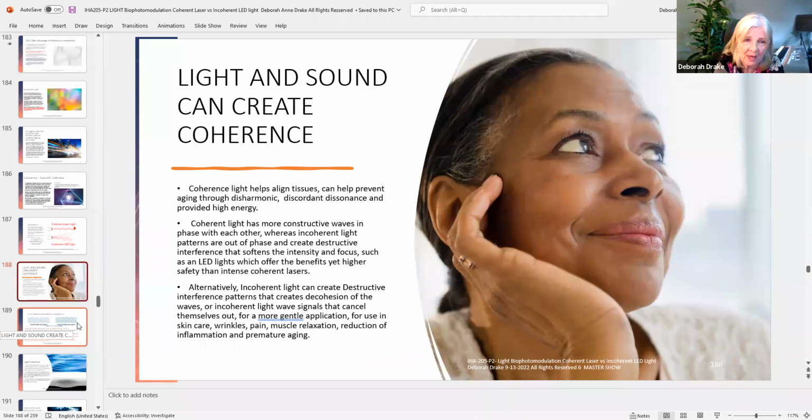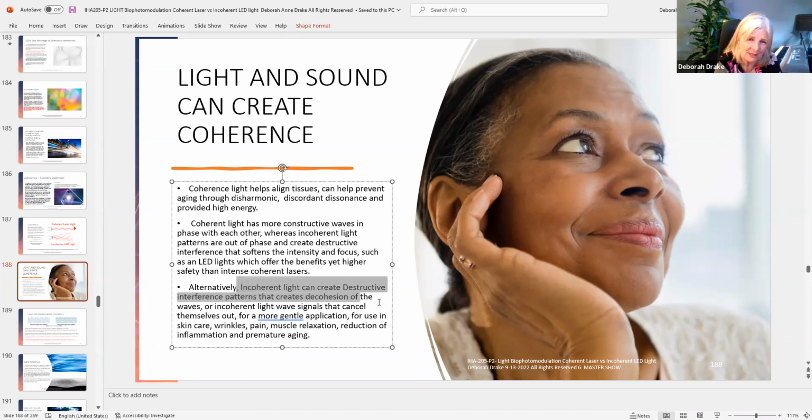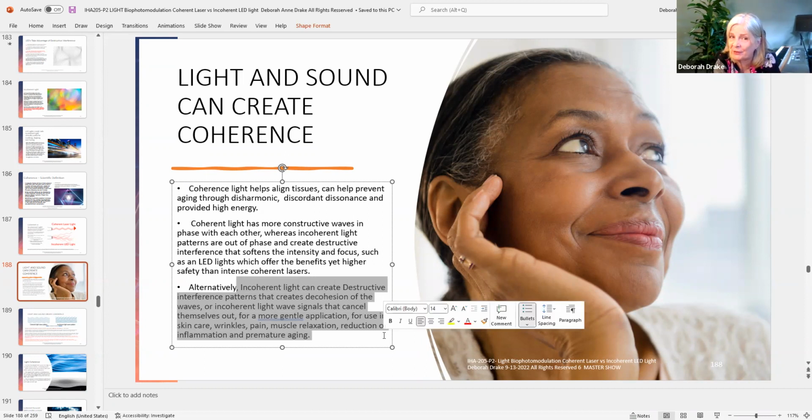By contrast, the incoherent light is giving destructive interference that cancels out the waves of negativity and can be really useful in skincare, wrinkles, pain, muscle relaxation, reduction of inflammation, and premature aging.